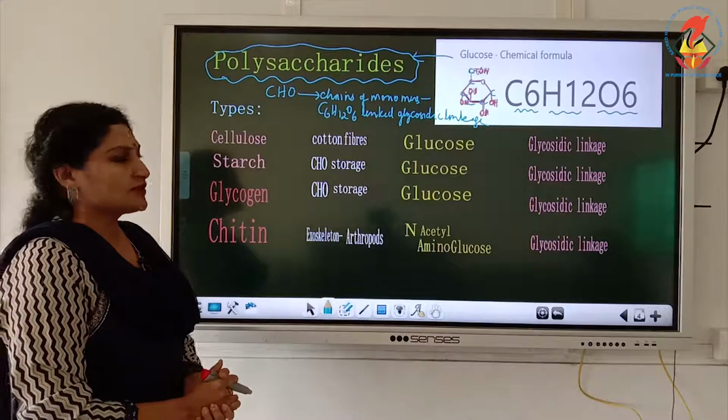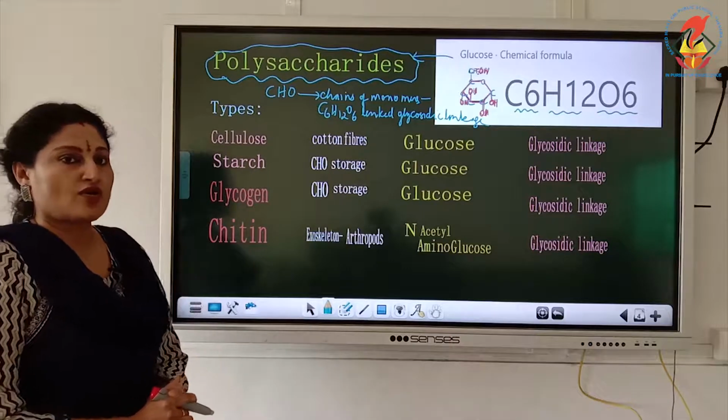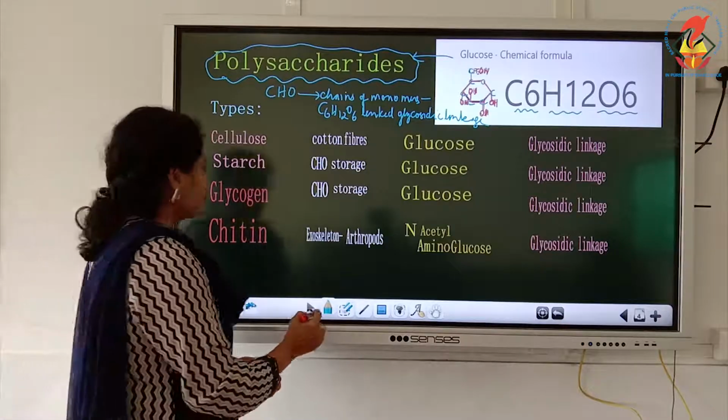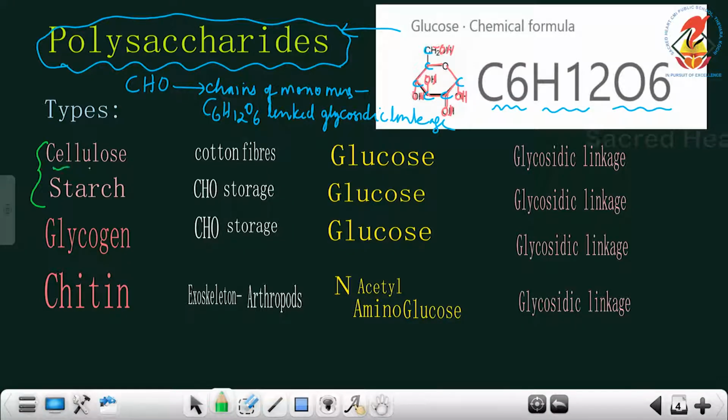Now let's look into the different types of polysaccharides, 2 in plants and 2 in animals. Cellulose and starch are found in plants. Cellulose, we know, is a component of the cell wall, mainly found in cotton fibers, and starch, glucose C6H12O6, is stored in the form of starch in plants.